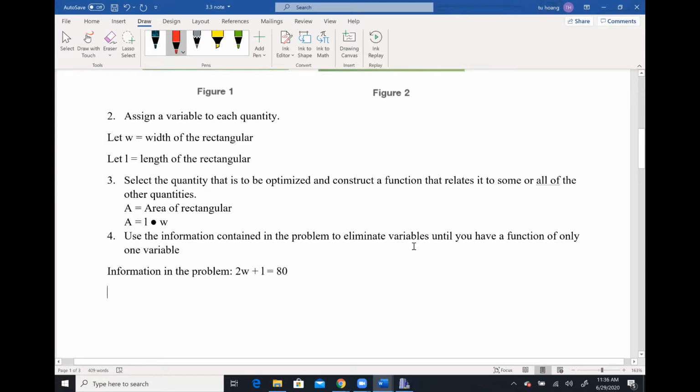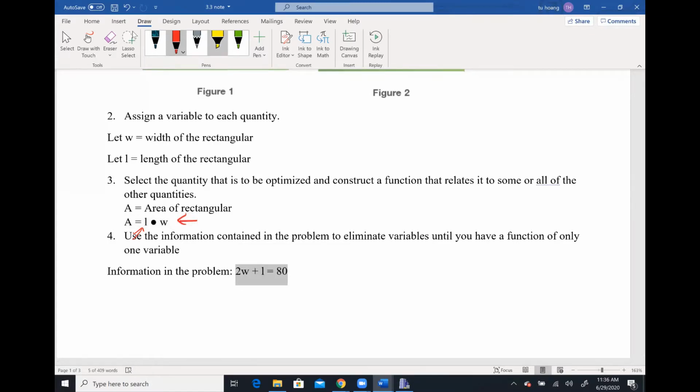That means, because you have the function right now with 2 variables, you have to eliminate one. So either you eliminate W, or you eliminate L. You have to eliminate one of them. In order to do that, you have to use the information from this function.